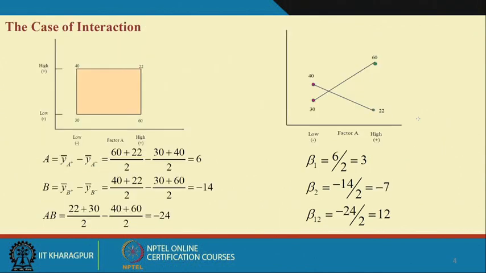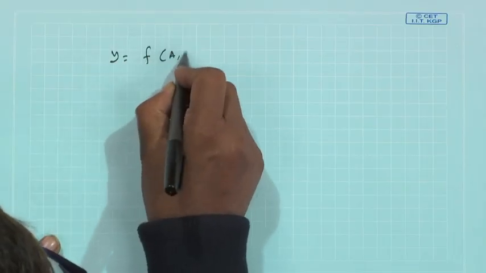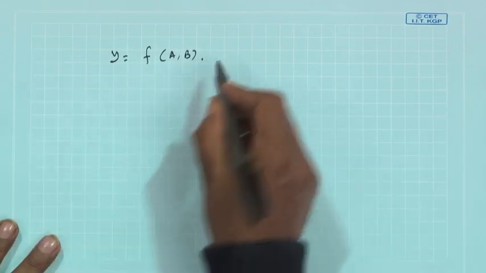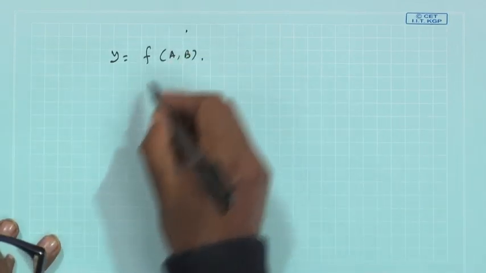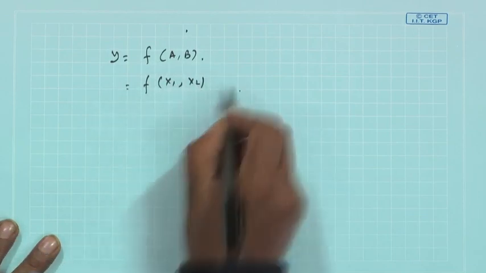So, so far I have talked about two different factors, and they are having two levels, minus and plus, and so we can say y is a function of A and B, or in regression mode we can write it is x1 and x2.